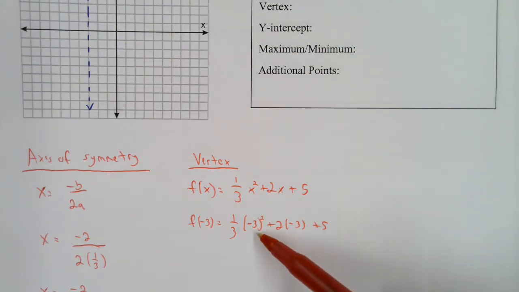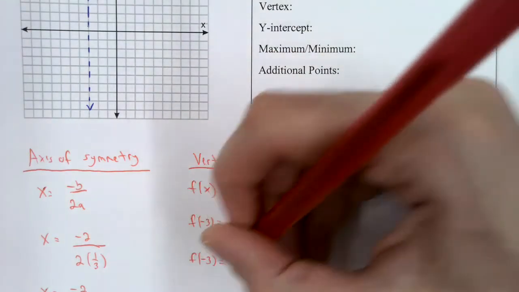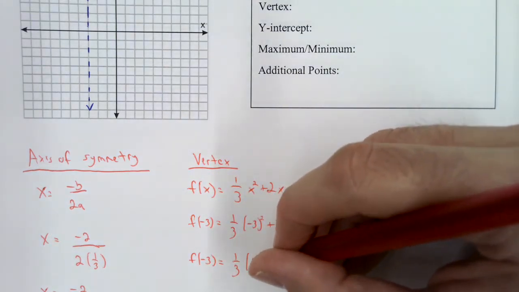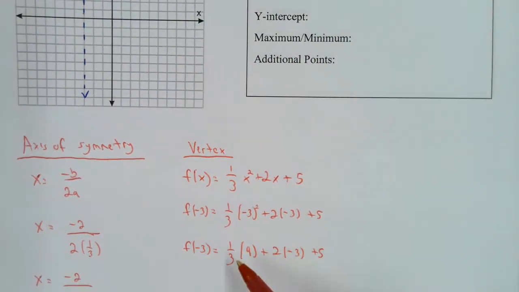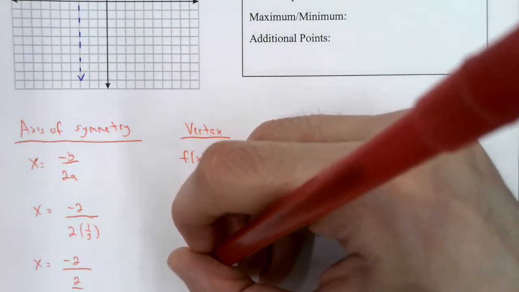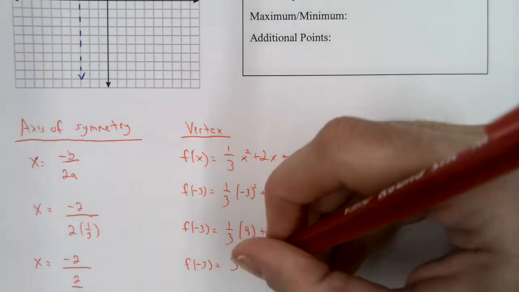Okay. Negative 3 squared is 9. Order of operations. Exponents first. 1/3 times 9 is 3. Minus 6 plus 5.